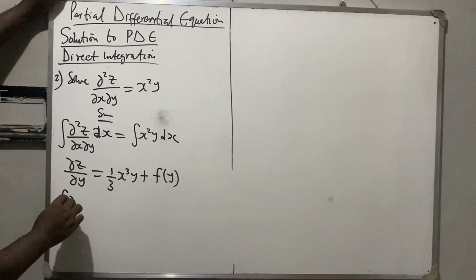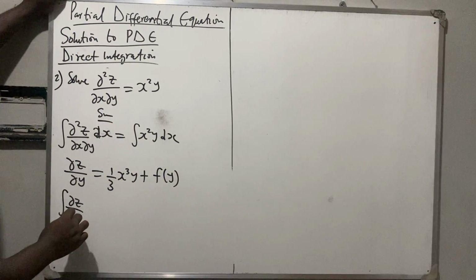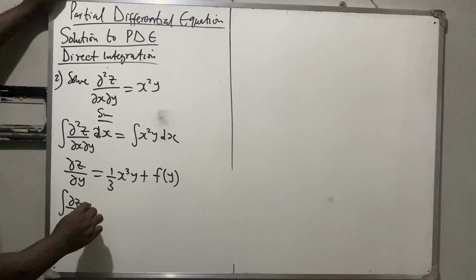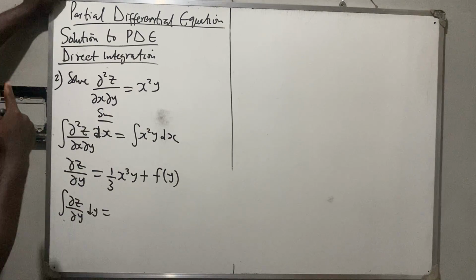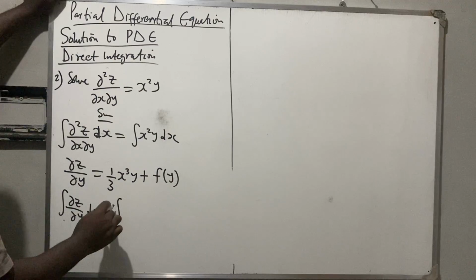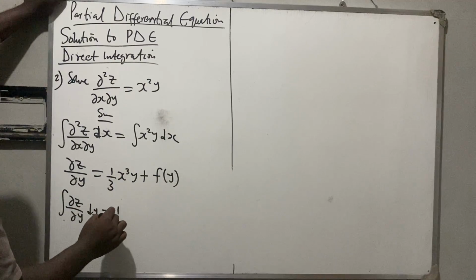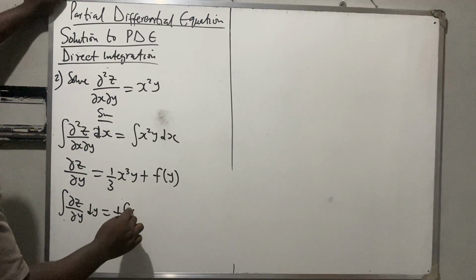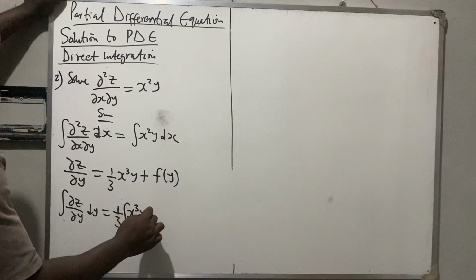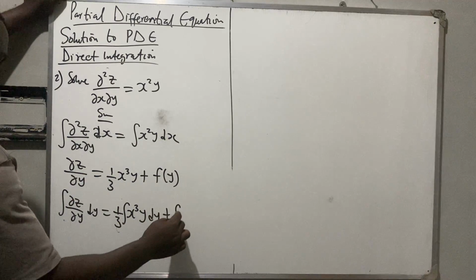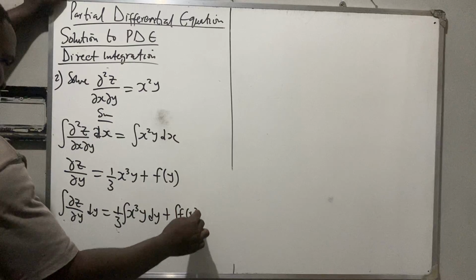We're going to have the integral of partial z, partial y dy equal to, let me leave 1 over 3, the constant, outside: 1 over 3 the integral of x cubed y dy, then plus the integral of f of y dy.